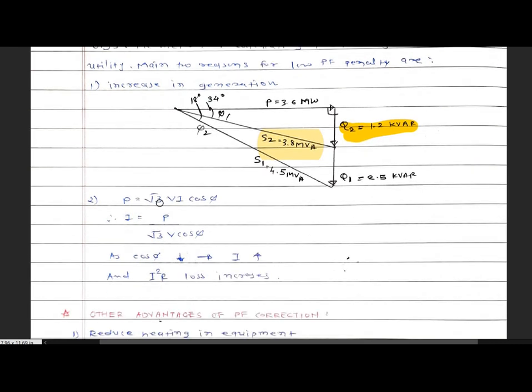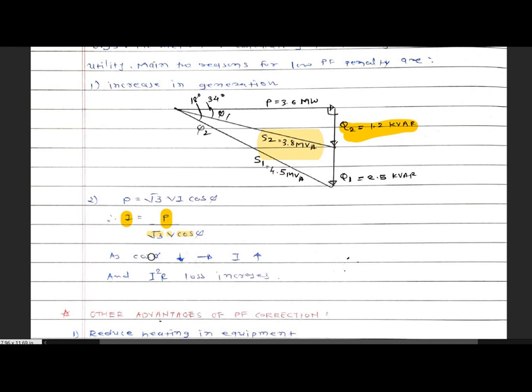Now the second one: P is equal to root 3 V I cos phi. This is the active power equation for the three phase. Now I is equal to P by root 3 V cos phi.